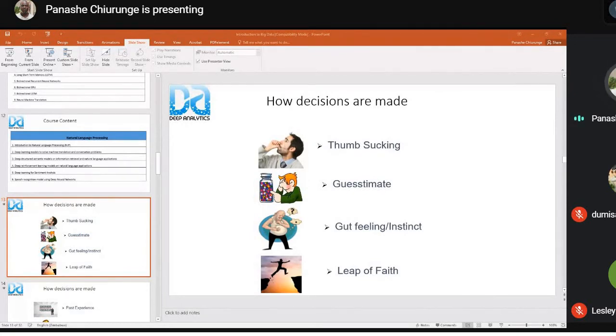Then there's the other one called guesstimation. For example, if Arsenal is playing Chelsea, for those football fans, and they've been drawing in the past 3 games, then you guesstimate that there's a high chance the next game will also be a draw.